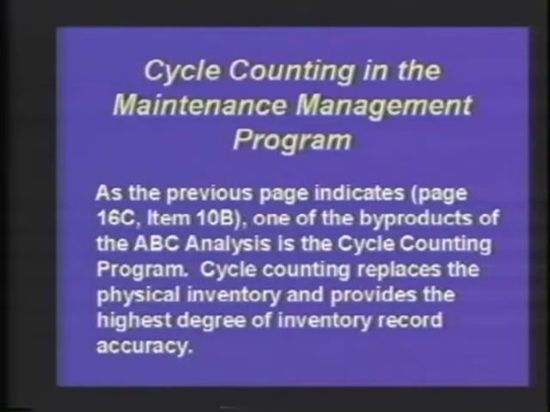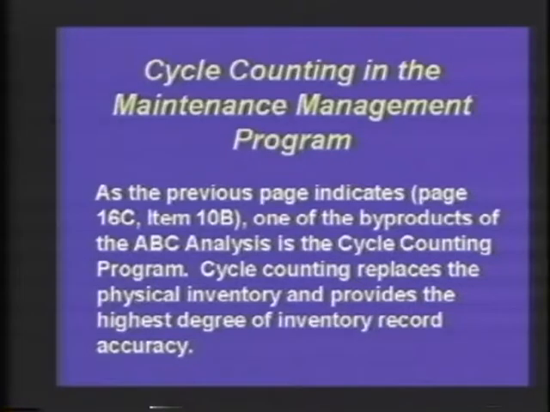As the first paragraph illustrates, the cycle count program is a byproduct of the ABC analysis that was covered on pages 16C and 10B, using the byproducts of the ABC system.